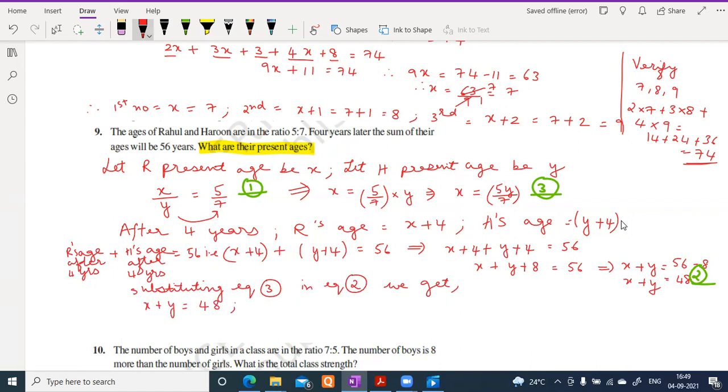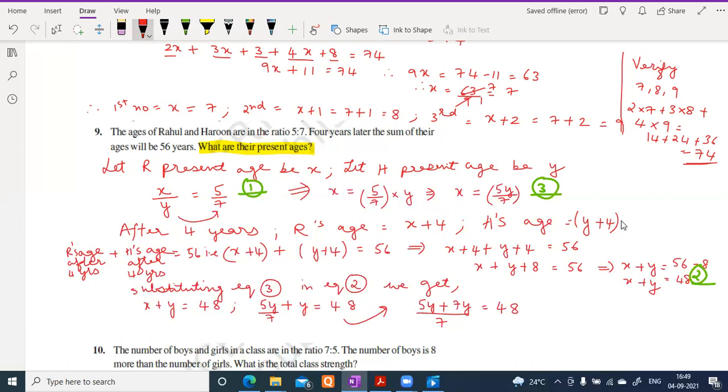But we got that x is nothing but 5y by 7, so let us substitute x: 5y by 7 plus y equals 48. I should have done it here, but I don't have space. So let us take the LCM as 7. This will be 5y plus 7y over 7 equals 48 after taking the LCM.